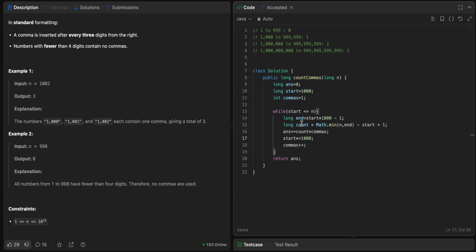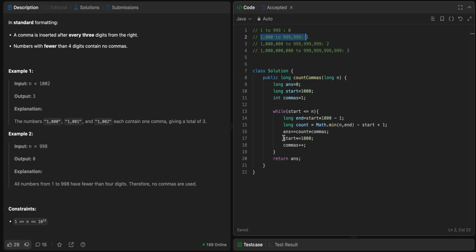Then what is going to be our answer? Once we have found the count of the numbers, we can simply multiply it by the commas. In this range, it's 1. And we are taking a summation, because n may lie in a later range. For the first range we have calculated, then we'll go to the second range and add all the answers.